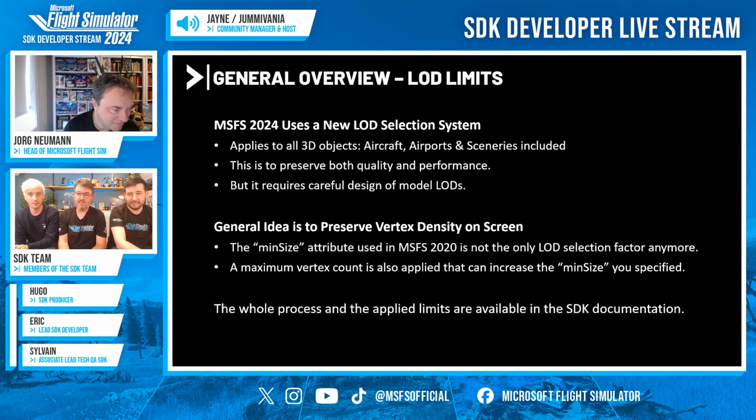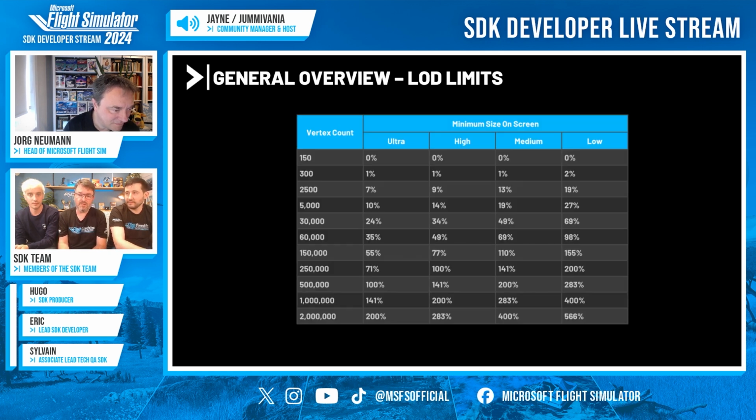Let's have a look at the next slide because it will show the table. It's very small on the screen, but you see some vertex counts in the first column. Let's say your simulation is set on the high graphics settings. If you have 250,000 vertices, the model won't be used until the object occupies the whole screen size.